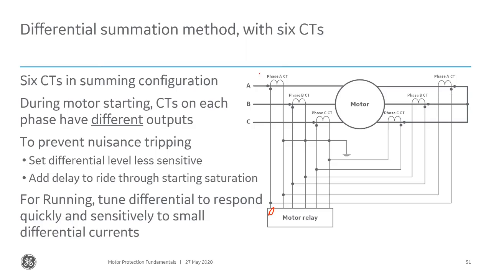So you can imagine if this CT saturates here, but this CT over here performs perfectly for some reason, then we would see current down here. And so for that reason, this isn't the best way to do this.